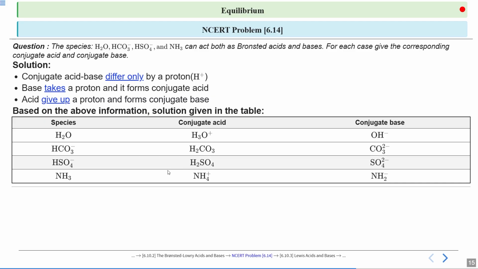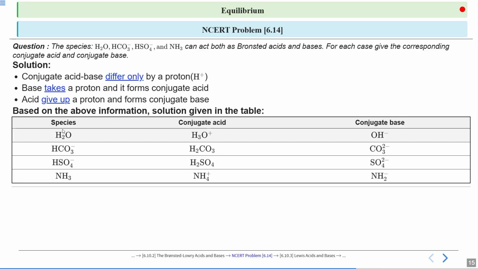You can see we have our four species: water, HCO3 minus, HSO4 minus and ammonia. If water takes up one proton, that is, it acts as a base, then the corresponding conjugate acid H3O plus is formed.